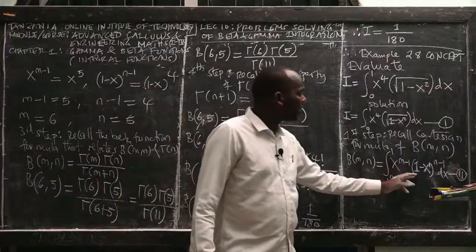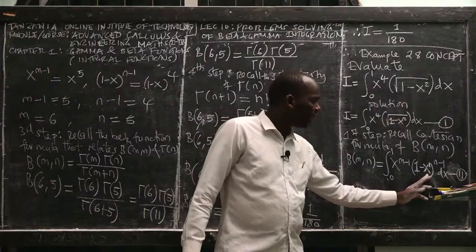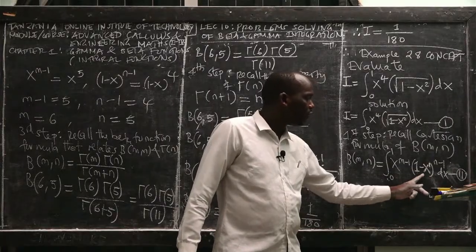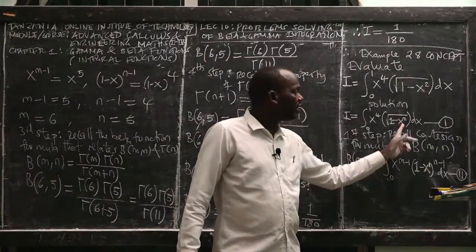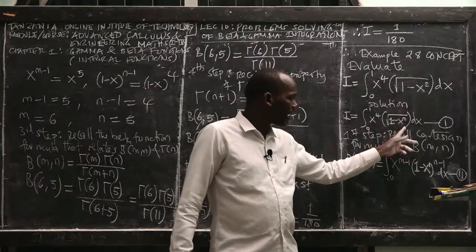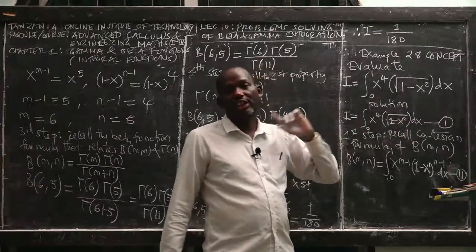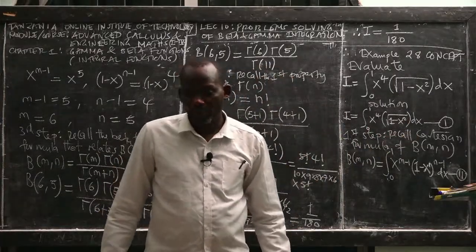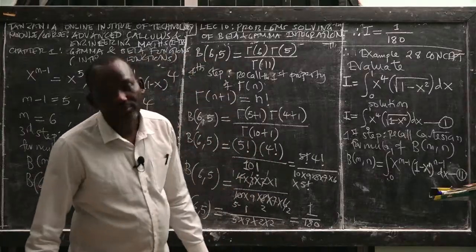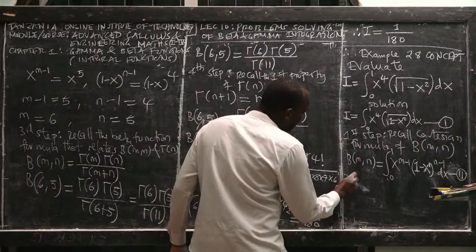So you cannot compare the right hand side of equation 2 and equation 1. Why? Because the degree of x in the general formula is 1, while the degree of the x in the bracket in the given integral is 2. So that's a problem. You cannot compare in order to cancel the base. So, if this is the case, we move into the second stage.